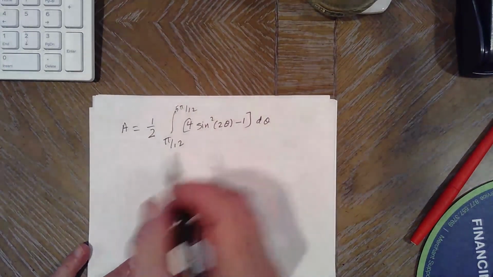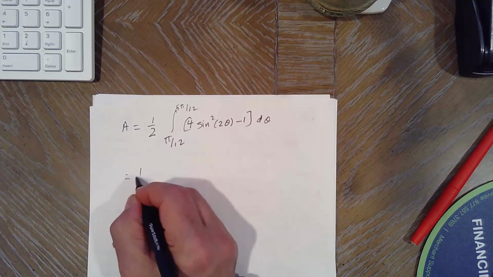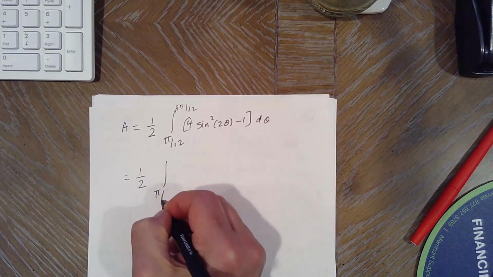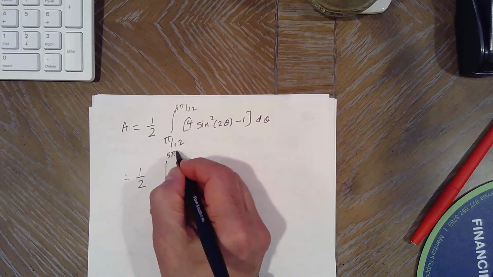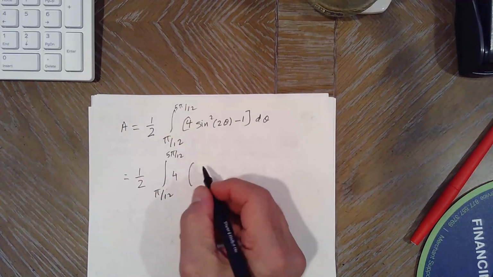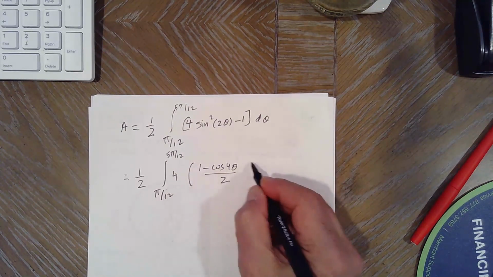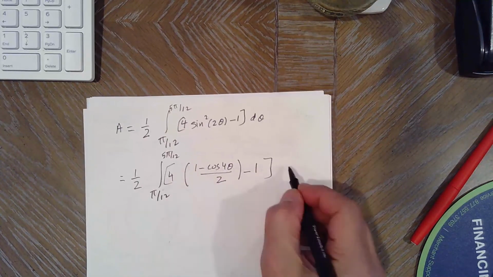Using the half angle formula, this would be 1/2 integral from pi over 12 to 5 pi over 12 of 4 times (1 minus cosine 4 theta) over 2, minus 1, d theta.